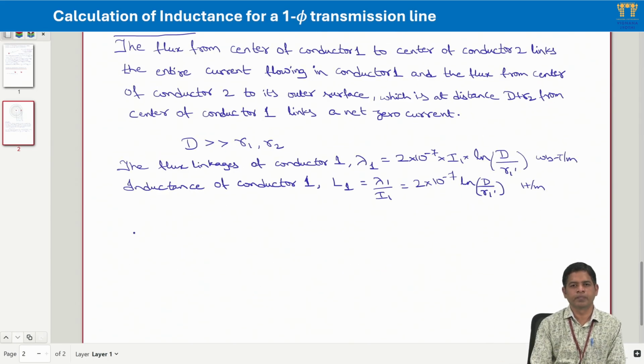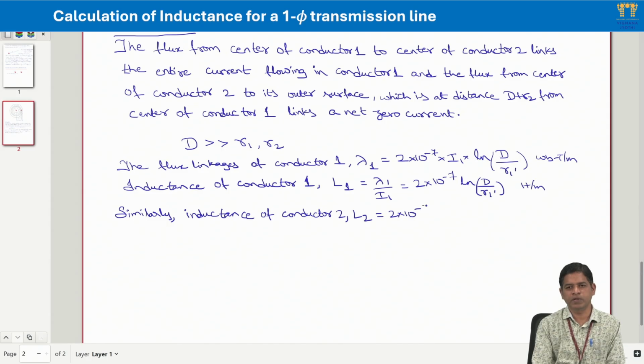Similarly, the inductance of conductor 2, if I call it L2, would be 2 into 10 power minus 7 into log of d by r2 dash Henry per meter.